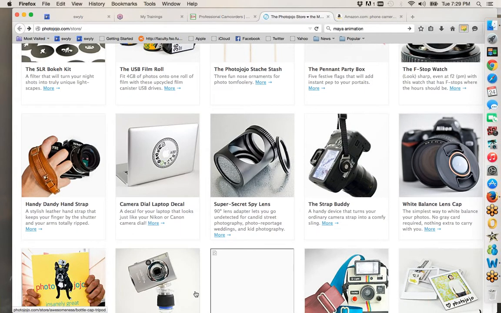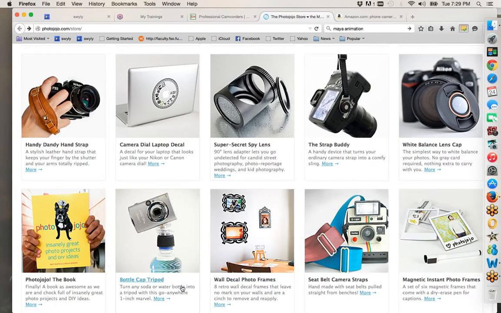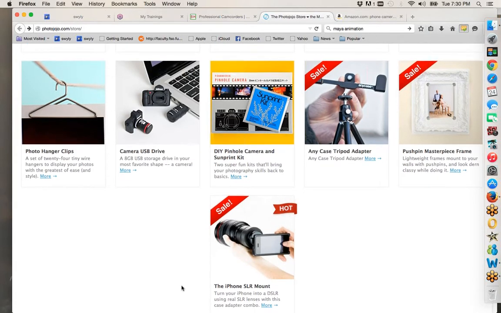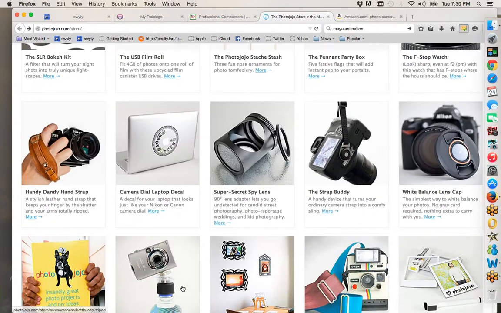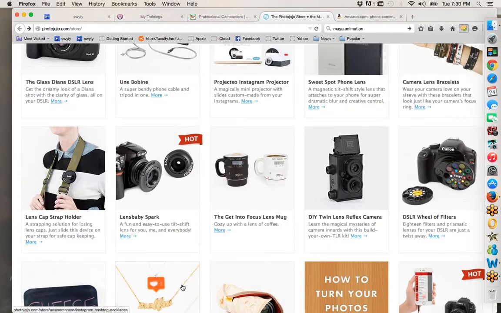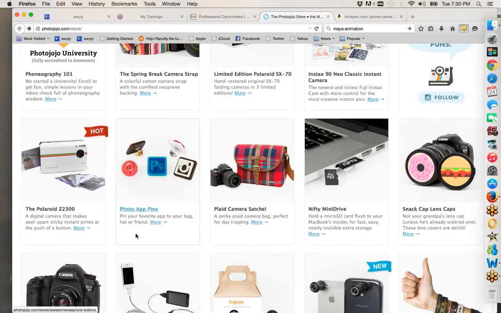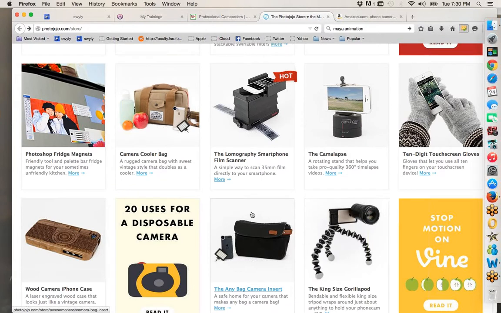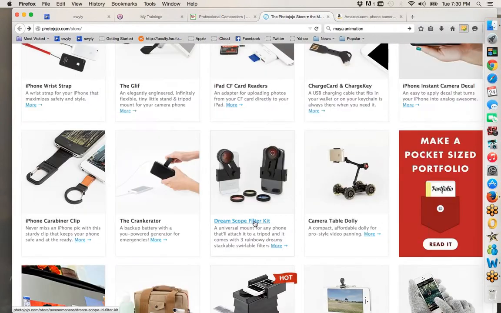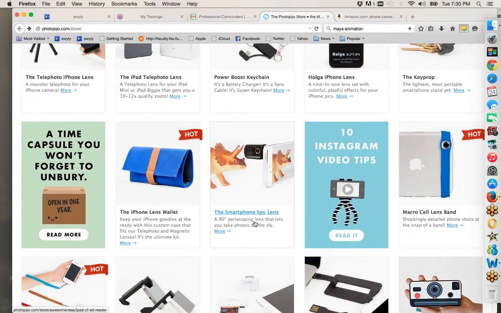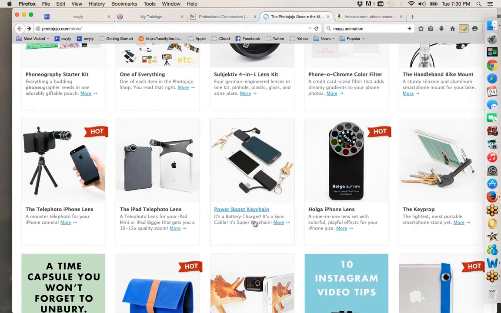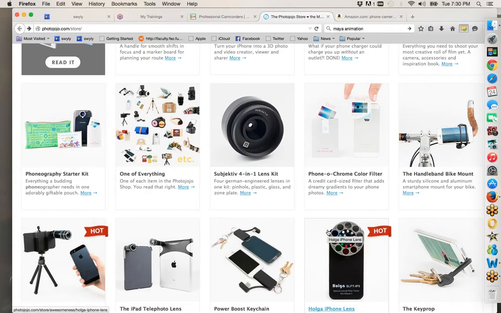Not everybody is. I actually saw, and I'm not seeing it here now, but I have seen, and here at Photo Jojo, actually has a clip now that goes on your iPhone. I think it was for the iPhone, that turns your iPhone into a light meter. So you can actually use it to read light and then to be able to set your camera properly to get good images.